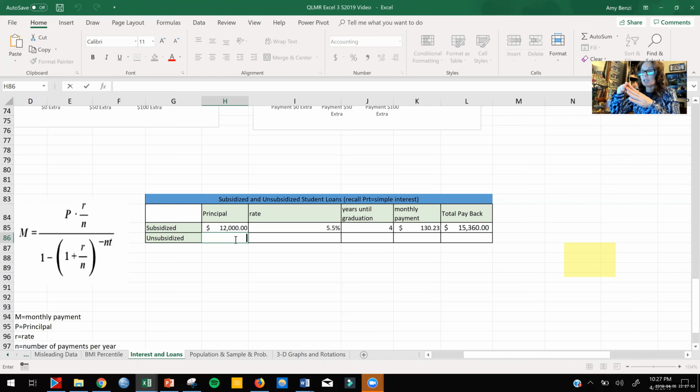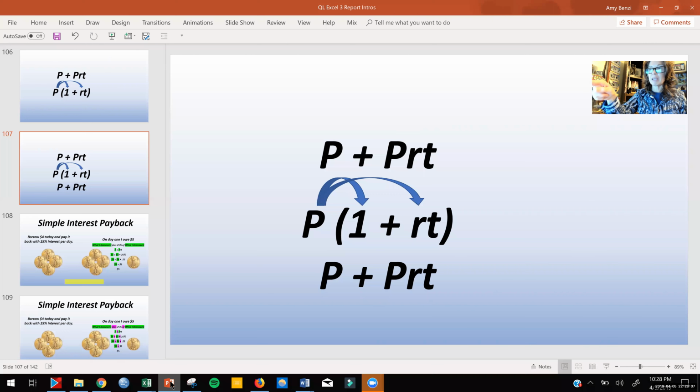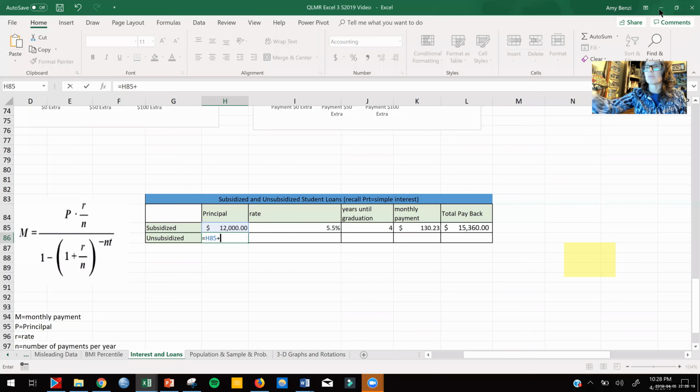So if you take an unsubsidized loan, what does that mean? Well, it means that you took your $12,000 loan plus you paid the interest on that loan. So now you not only took the big P, the $12,000, you also borrowed the interest that accumulated during those first 3 or 4 years.